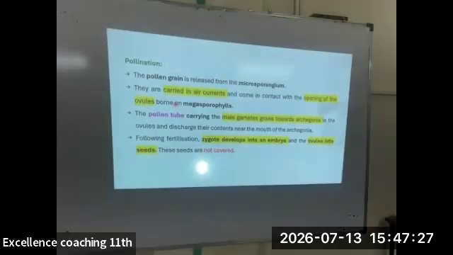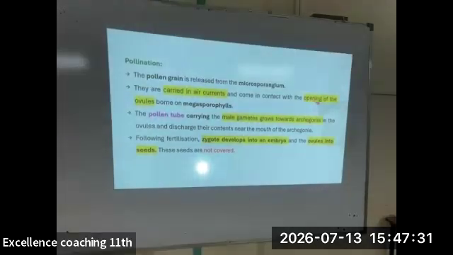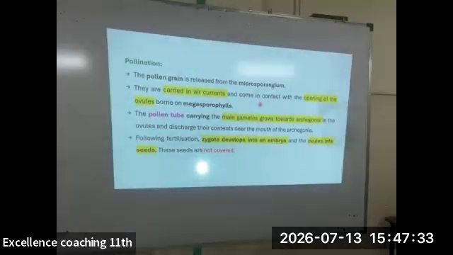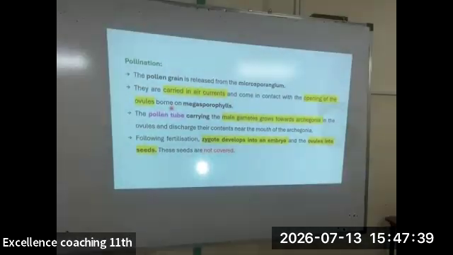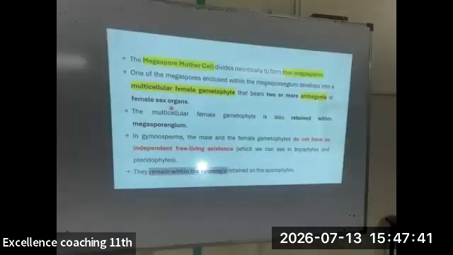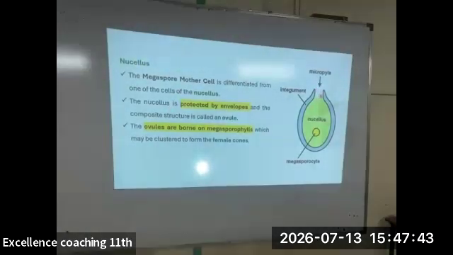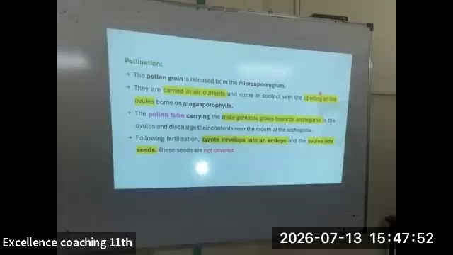With the help of air currents, it will flow and come in contact with the opening of the ovules. Okay, the female plants will have open ovules, which we can see here. Okay, this is the open end. Fine. So the pollen grains are going to come here and sit down on this open end.